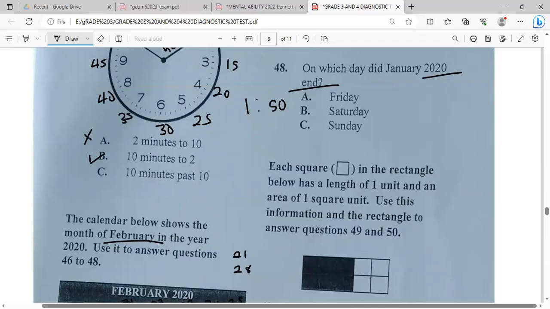If it ended on a Tuesday, but it's not, right. This is so stupid, man.